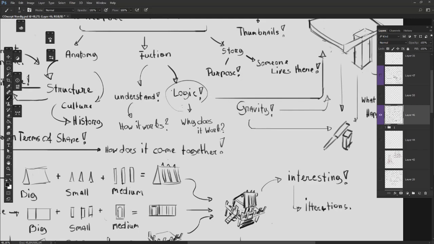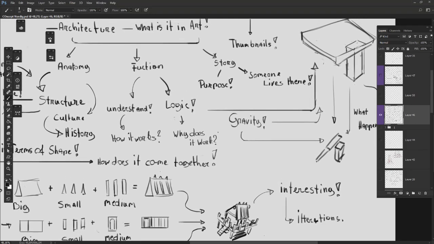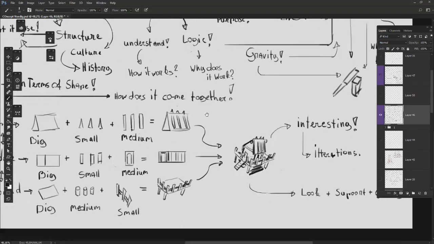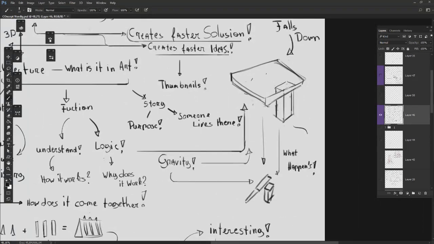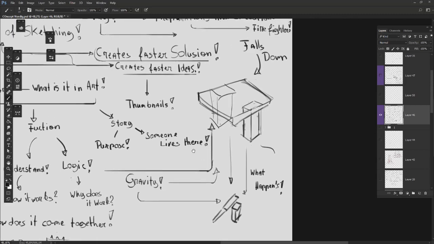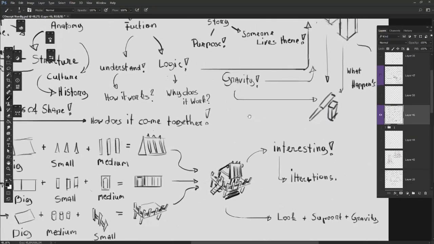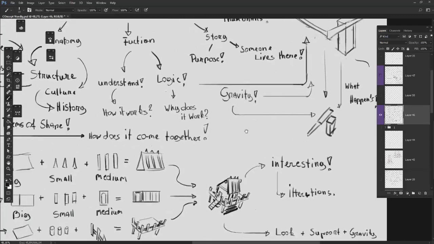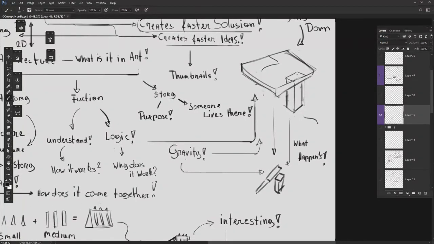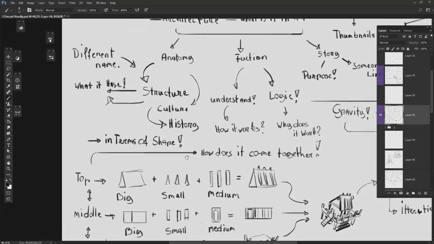But now we go to the logic part of it. Why does it work? Probably because you see two things, and it's because of gravity. Gravity is the solution part of it. Gravity resolves everything.